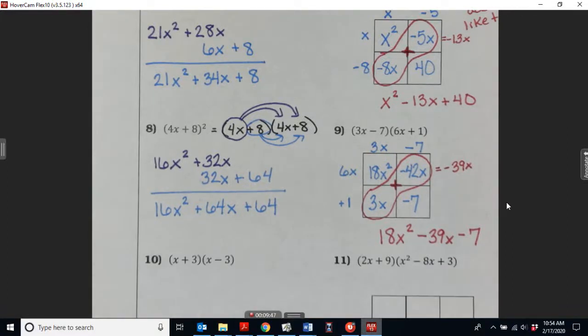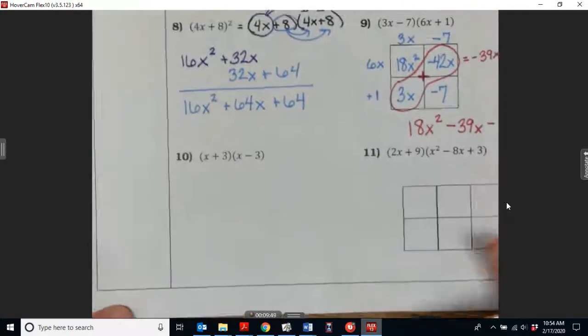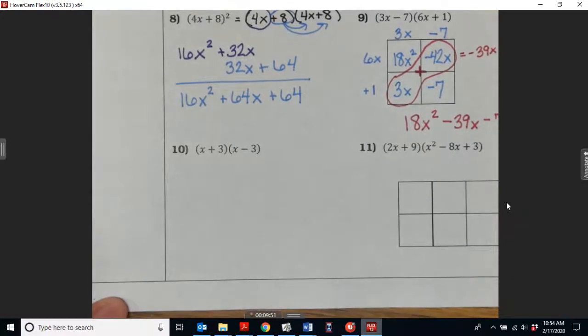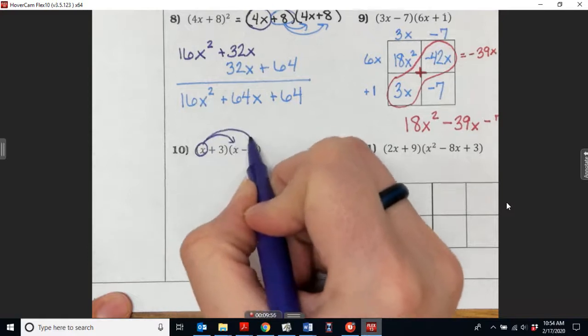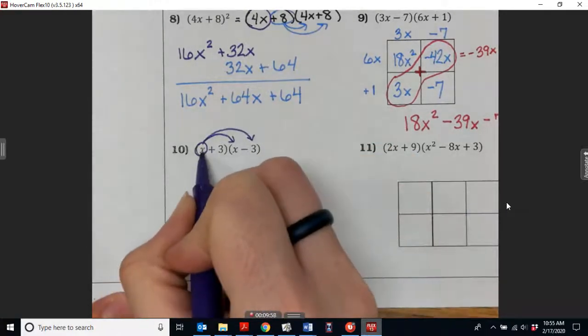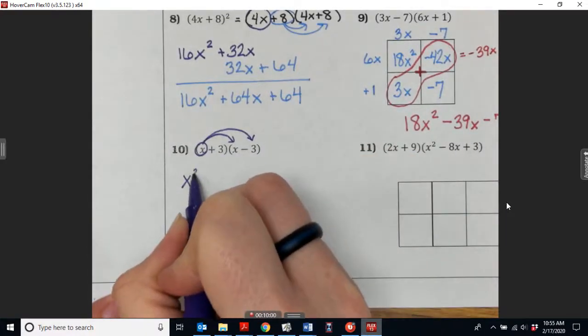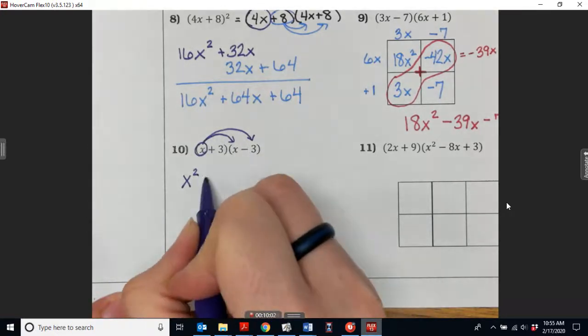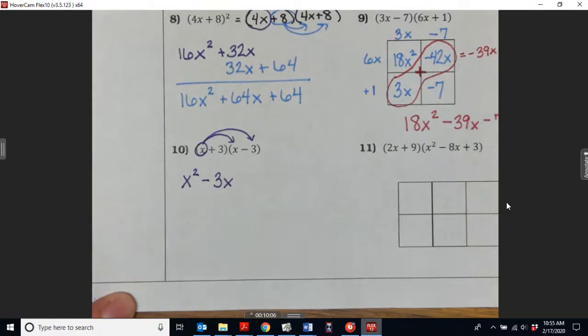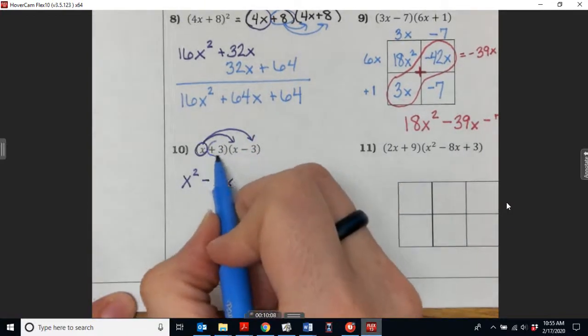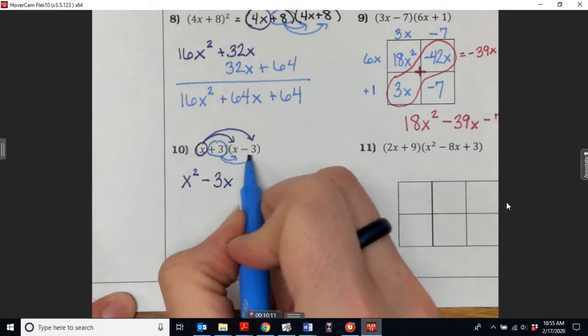Okay. Number 10. Try one more time here with the distributive property. I'm going to take this first term and multiply by everything in the second set. So x times x is x squared, and x times negative 3 is negative 3x. And then I'm going to take the second number, which is 3, and multiply it by everything.